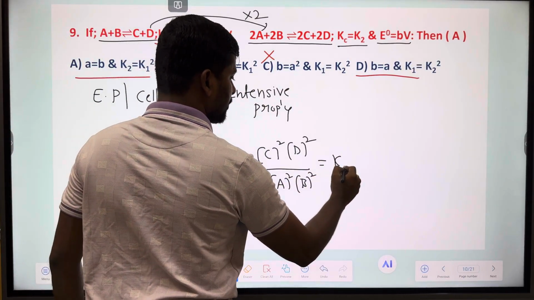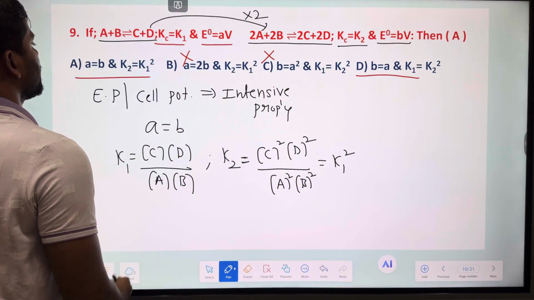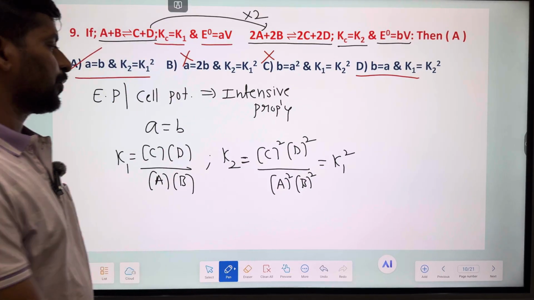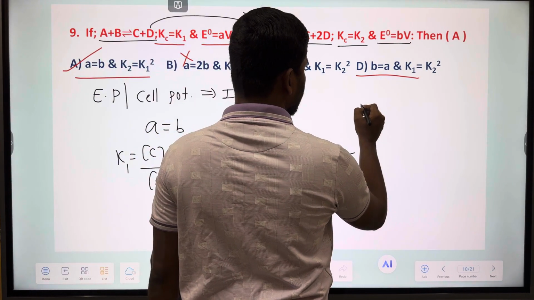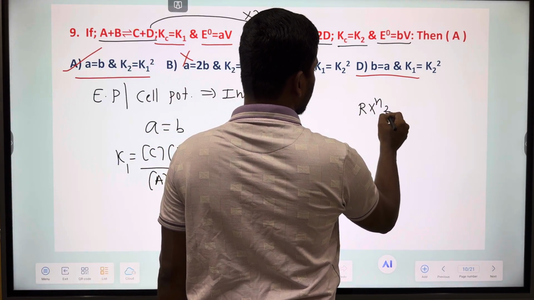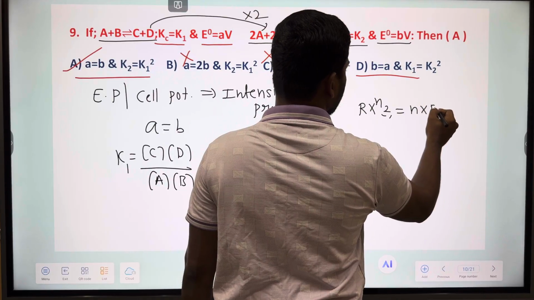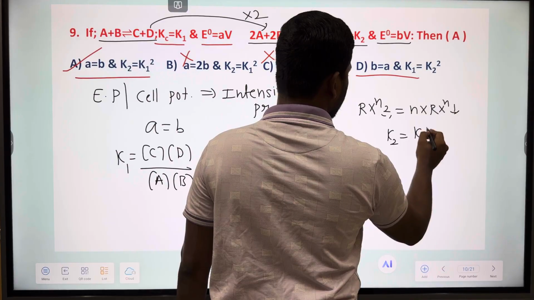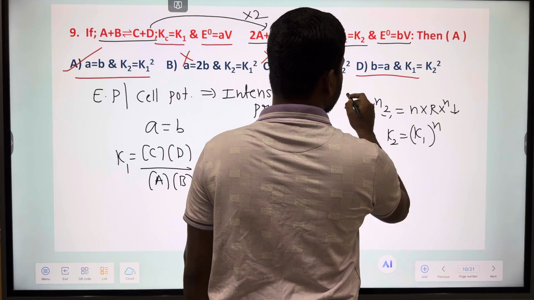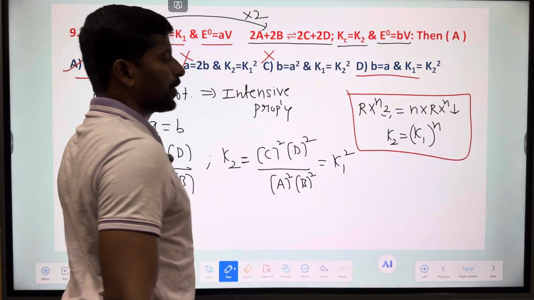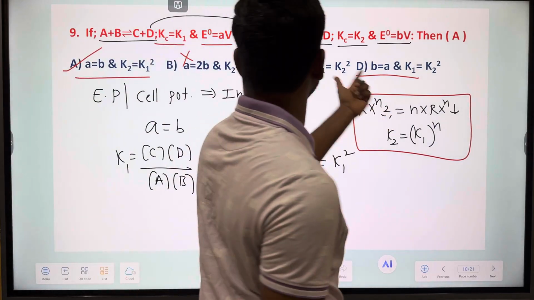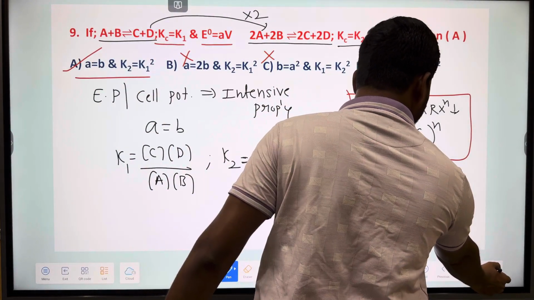That means K2 is nothing but K1 square. That is option A is correct. So the general expression is, if reaction 2 is equal to n into reaction 1, then K2 is equal to K1 power n. So option A is correct. Here we are multiplying with 2, so in the place of n we get 2.